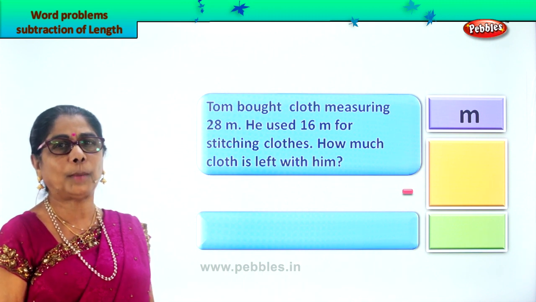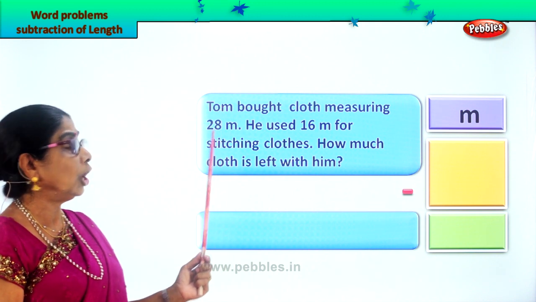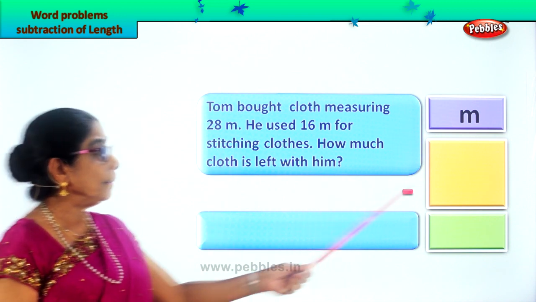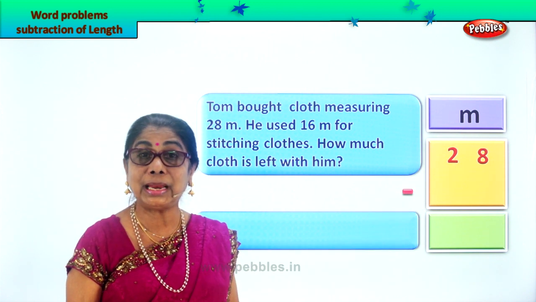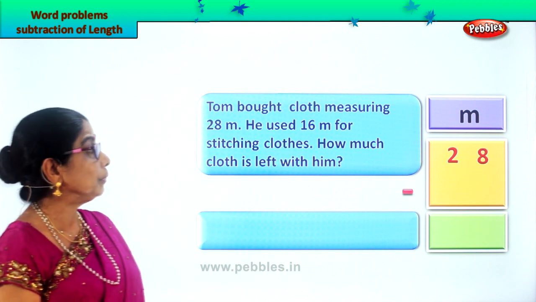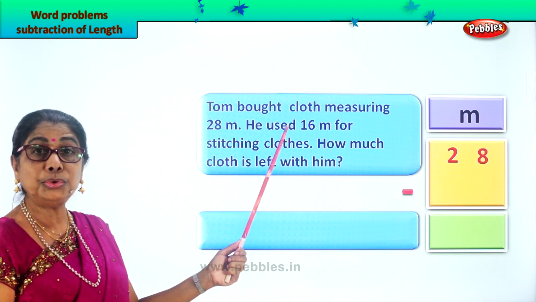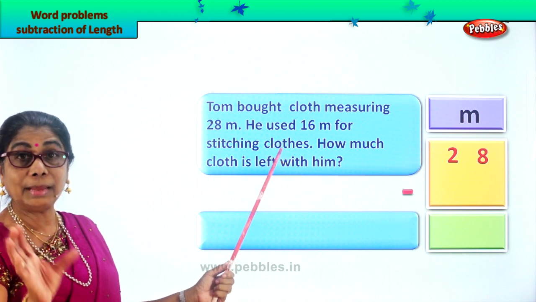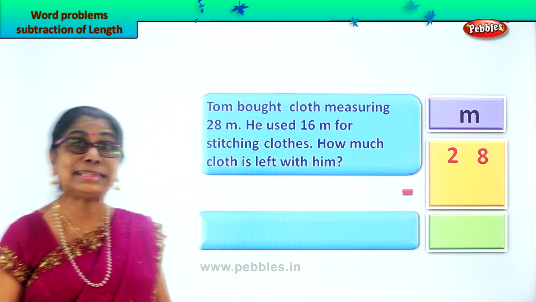It's a subtraction problem. Now, the total length of the cloth Tom bought equals 28 meters. So we write down 28 meters. That's the total length of the cloth Tom bought from the shop. Now, the length of the cloth used for stitching.